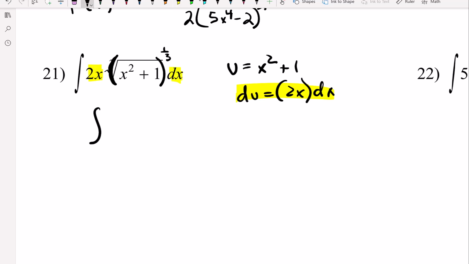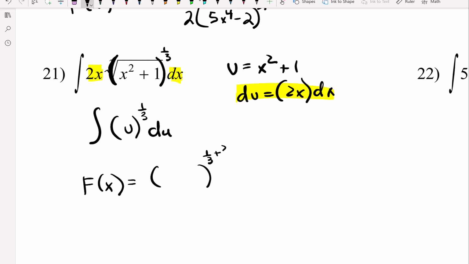So what we have is u to the 1/3 du. And that's really similar to what we did a minute ago. This is 1/3 plus 1, so that's going to be 4/3. We're going to multiply by the reciprocal, so 3/4.